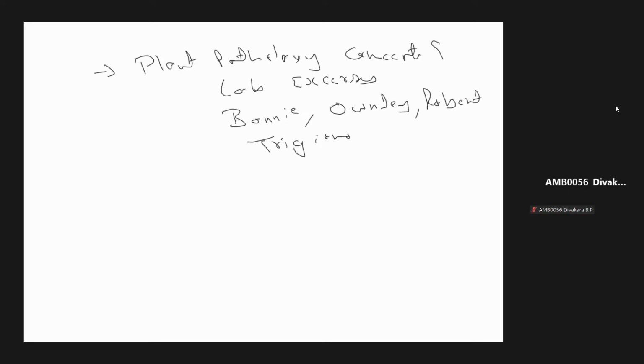And there is one more book written by R.S. Singh again, which is called Introduction to Principles of Plant Pathology.